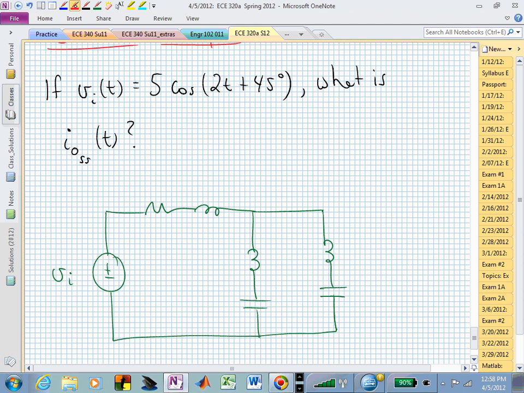And this is the current of interest. That's my output current. The units on some of these elements: the resistor is 1 ohm, all the inductors are 1 Henry, and the capacitors are 1 farad and a half a farad.